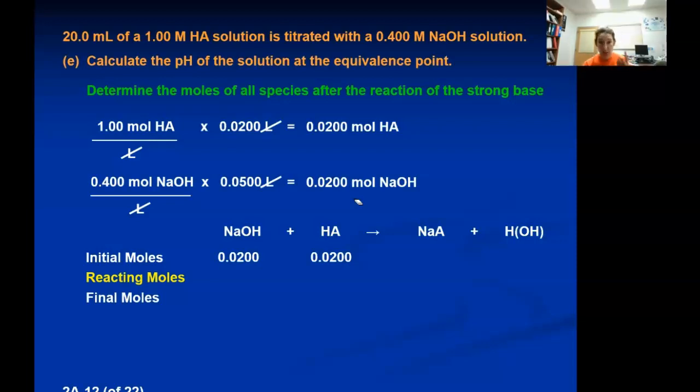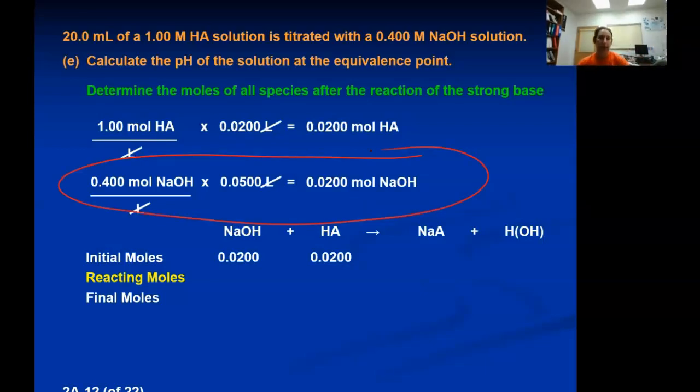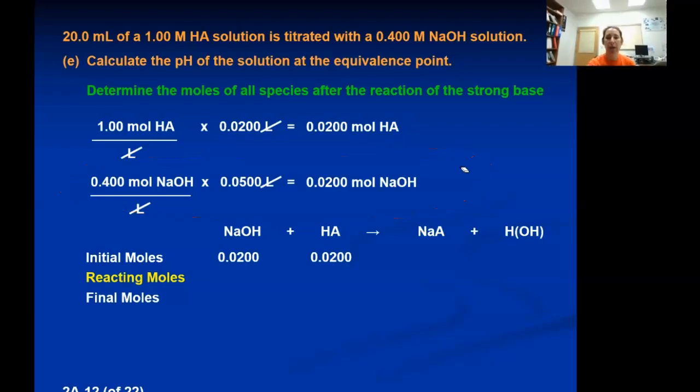You could have known that without calculating, because of the definition of equivalence point. The definition of equivalence point is literally when the moles of your acid equal the moles of your base.